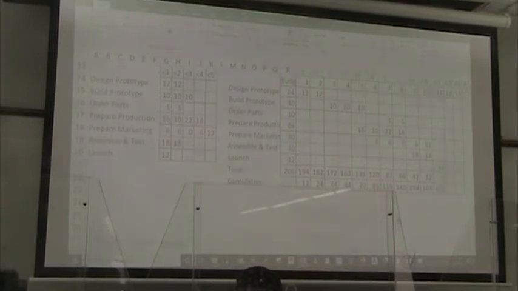Right, so at this point, we're doing our baseline budget. If it comes out wrong on one or the other, then we've made an arithmetic error somewhere.